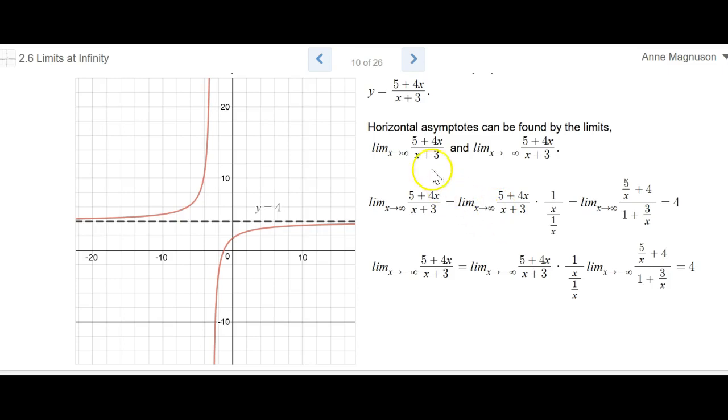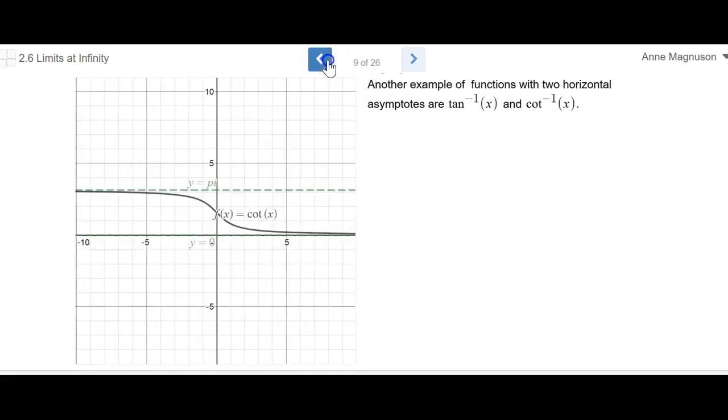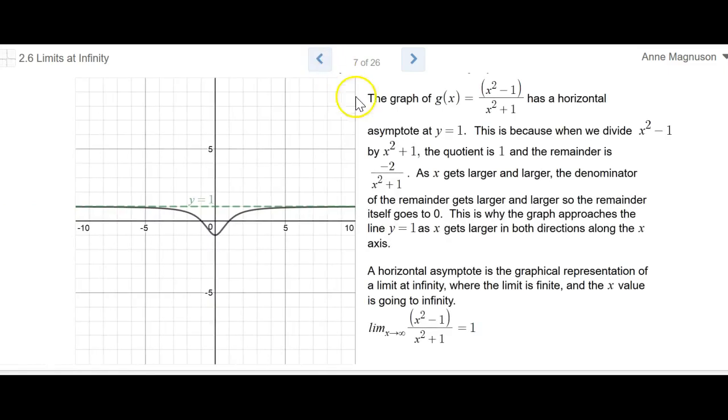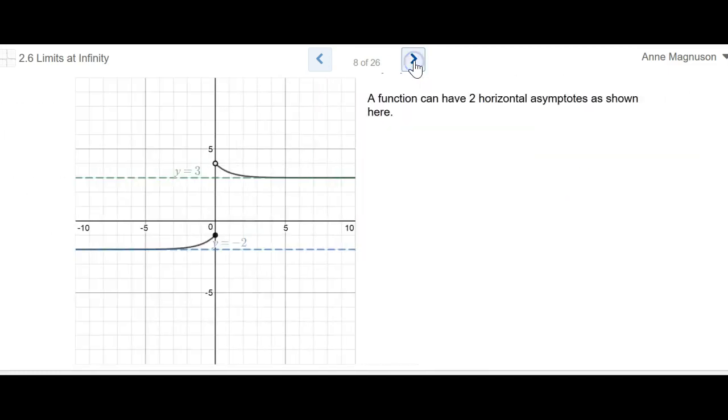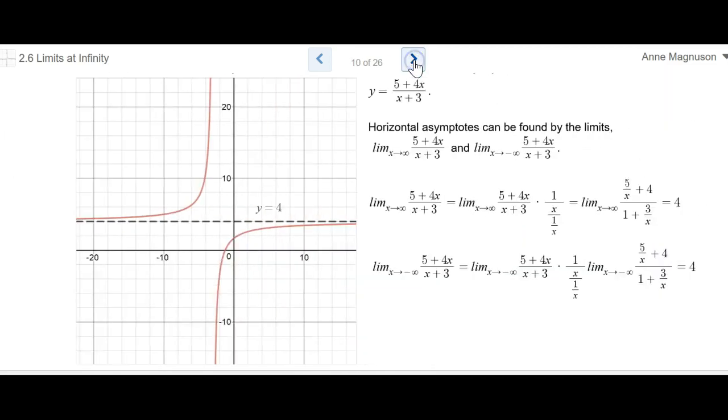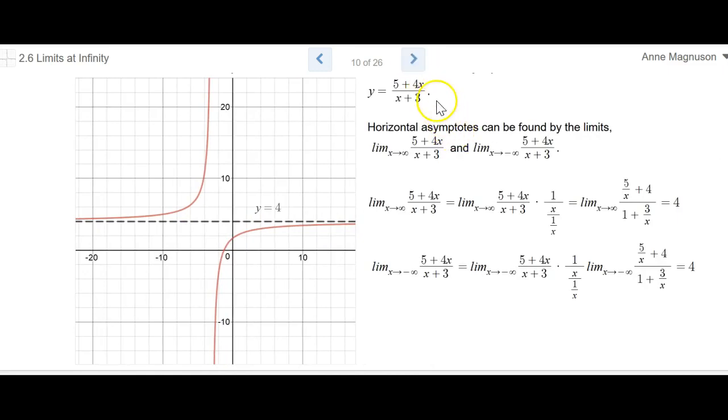Because, like we saw before, the horizontal asymptote is the quotient, and the remainder is what's going to 0 as x goes to infinity. So we don't have to go through the polynomial division every time. We can use this shortcut.